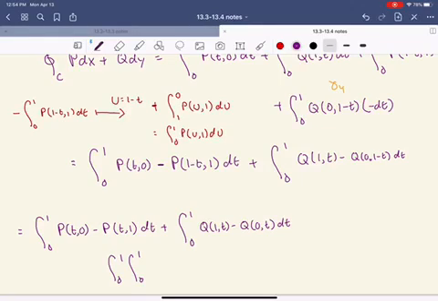This is the negative of the derivative of p with respect to y. Here, from 0 to 1, 0 to 1, this is the integral of the derivative of q with respect to x.